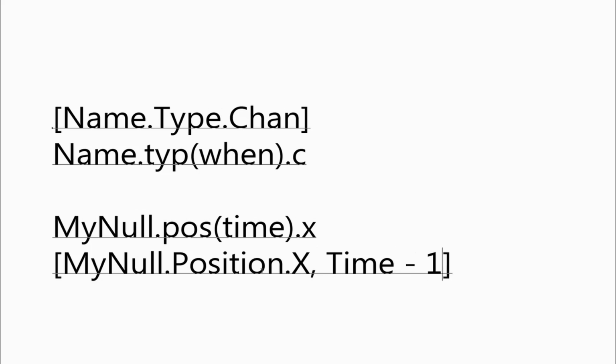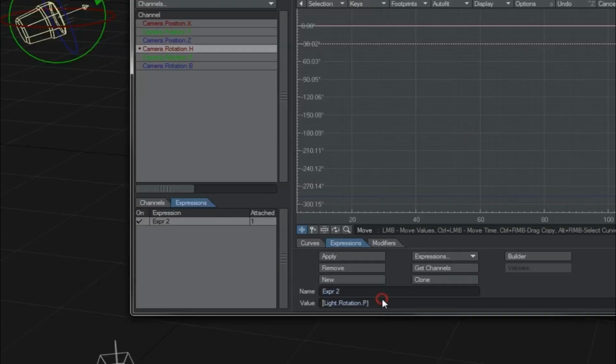This would be absolutely equivalent to typing this here. So let's do this here: light.rotation.p, comma, time, space, -1.